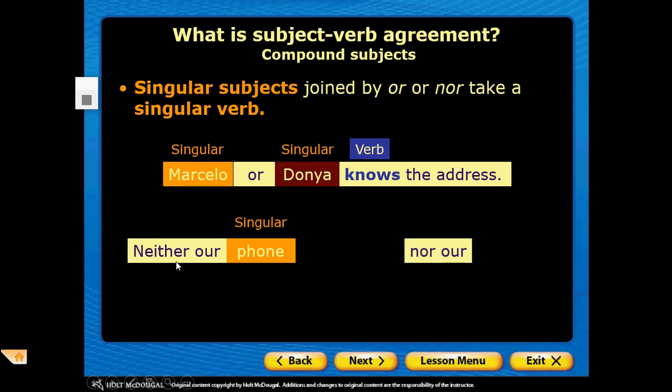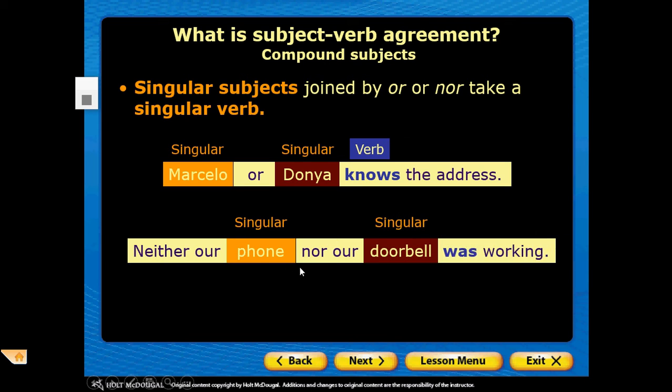So neither our phone nor our doorbell was working. I'm negating the fact that both subjects did the verb. So why is it singular?